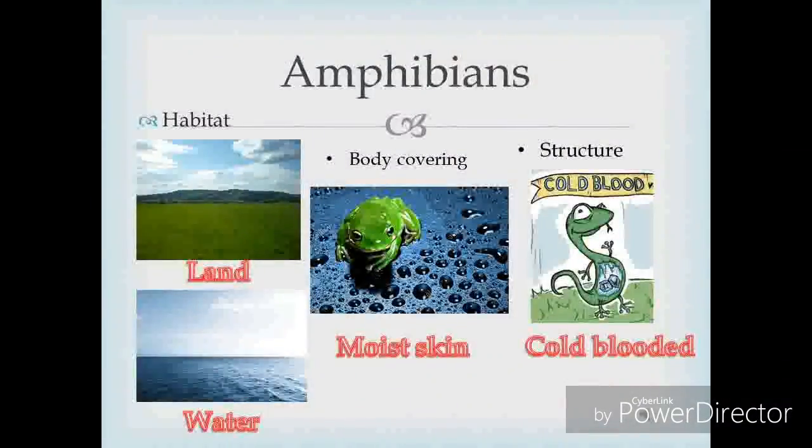The fourth group is amphibians, and they live on land or in water. In this case, their skin is not covered by anything, but most of the time they are moist. The characteristic of their structure is that they are cold-blooded.